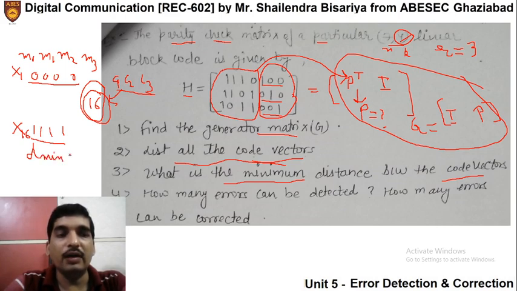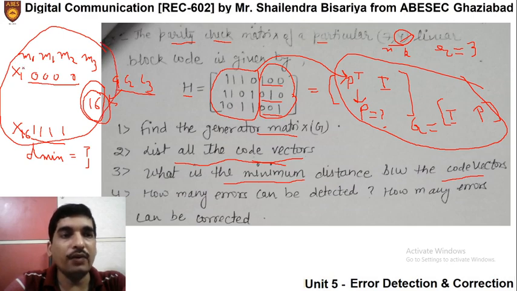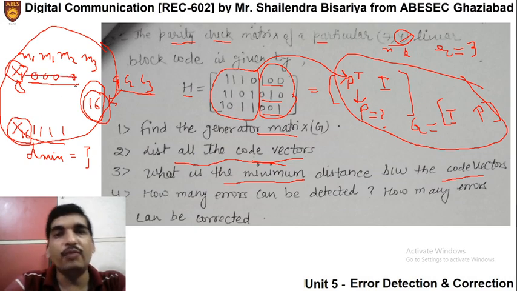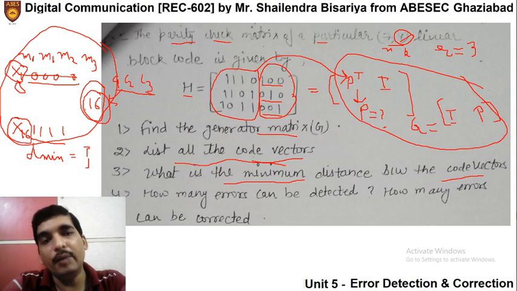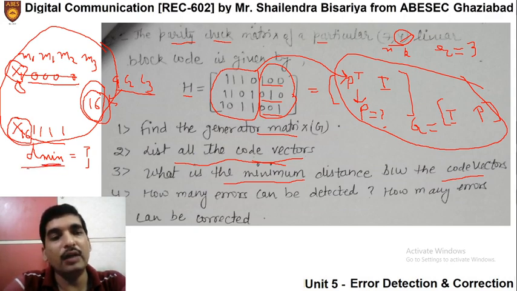How will we find it? When we find all the code vectors, we will check the weight of each vector, that means the number of ones in each vector. Except for the zero term, we will see where the minimum weight is, and that minimum weight will give us the value of d minimum.